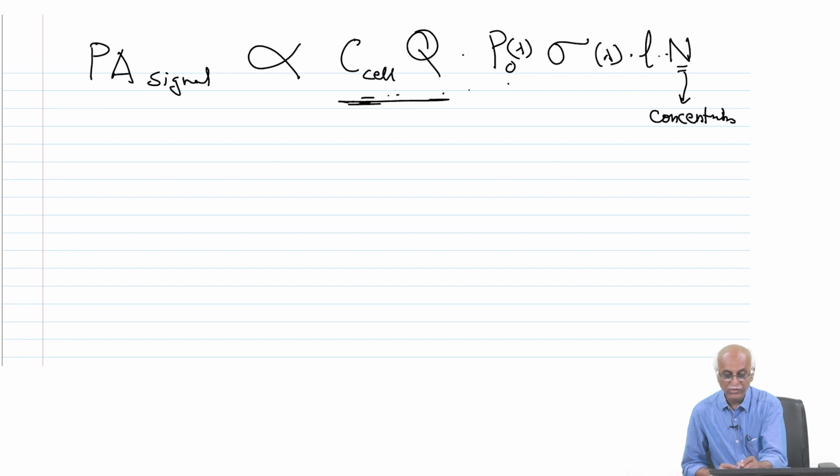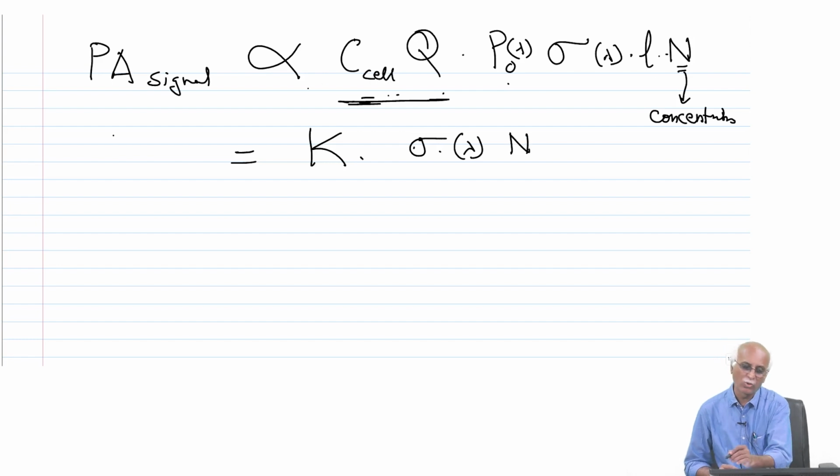Now, from this equation we are clear that the PA signal is proportional, and I can represent it with an equal sign also, equal to some constant into sigma lambda into n. All other parameters are constant. So if there are multiple molecules, we need multiple wavelengths to solve this equation, isn't it?